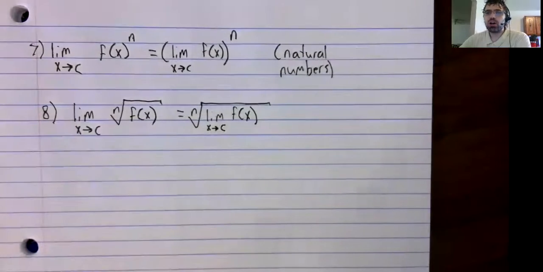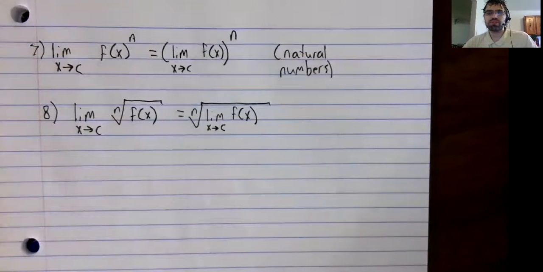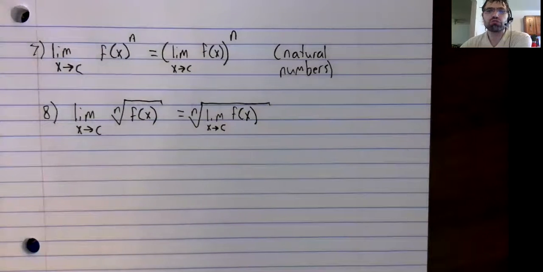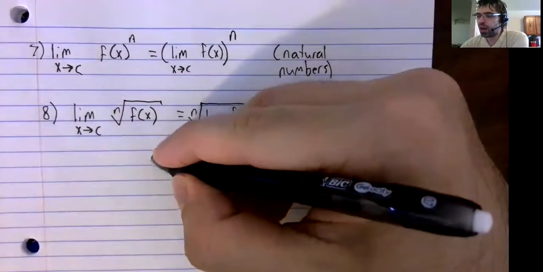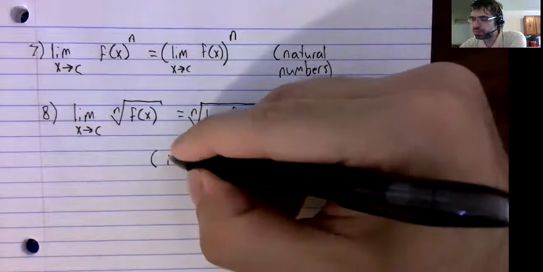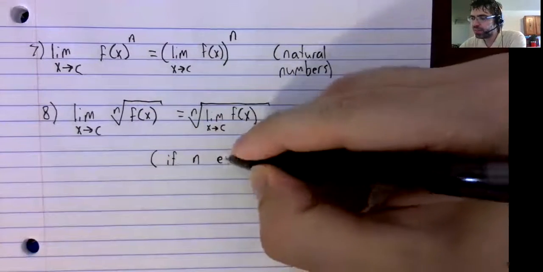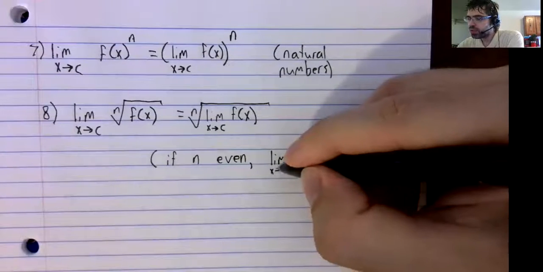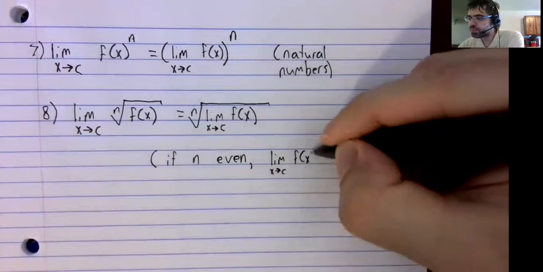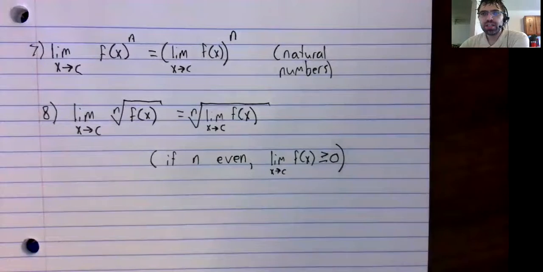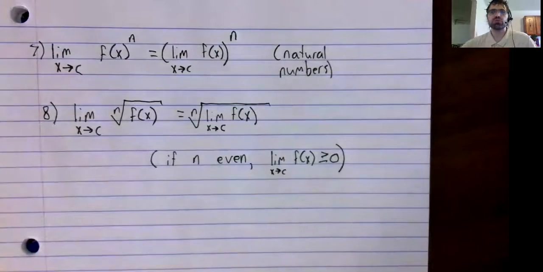If we're working on the natural numbers, sorry, geez, I keep misspeaking today. If we're working on the real numbers, which we usually are, this rule has restrictions on it. If n is even, this limit has to be non-negative in order to use this rule.